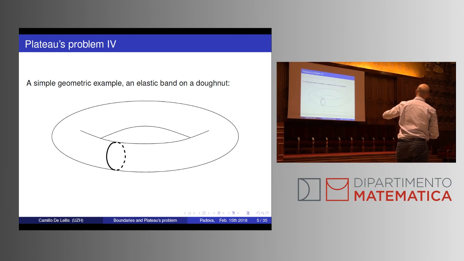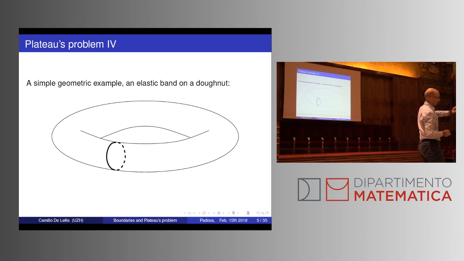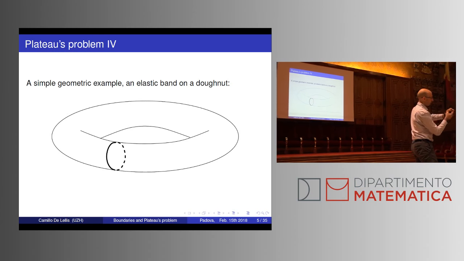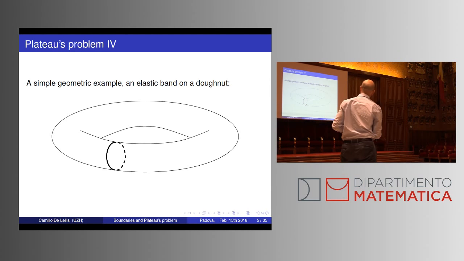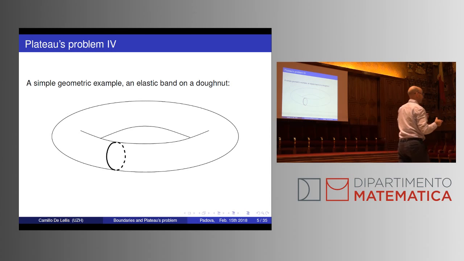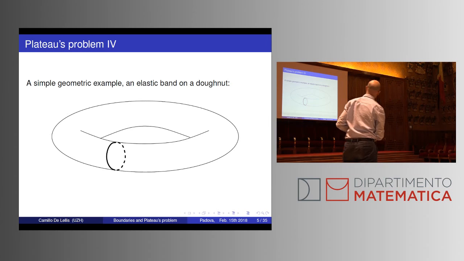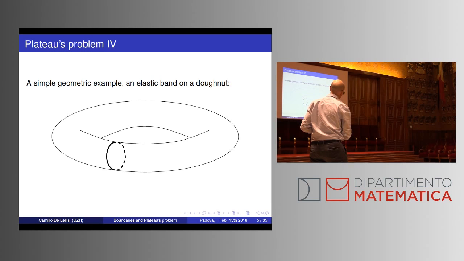So the elastic will try to minimize the length. Of course, if the donut is sufficiently solid, it cannot go inside. So the elastic will stabilize on a curve which in a sense minimizes the length among all curves which cannot be shrunk to a point while staying on this surface. So this is an example in which we have a simple situation.